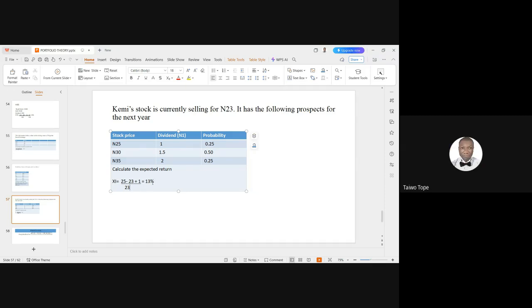So now this is for S1. For S2, it will be 30 minus the base value, and the base value will always be the same, 23, plus your dividend, 1.5, divided by the base.